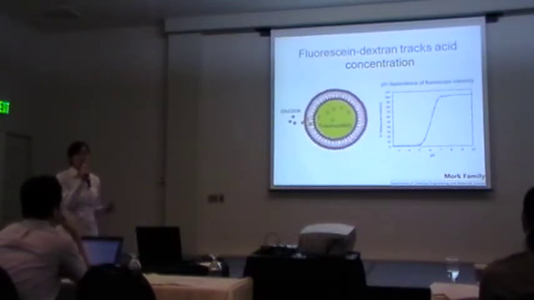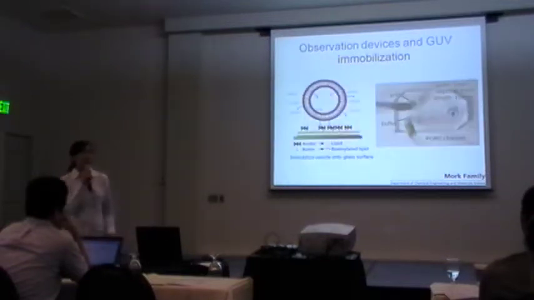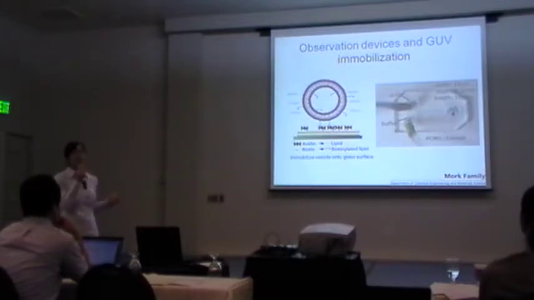And to track the transport of carboxylic acid, a pH-sensitive dye, fluorescein dextran, was encapsulated inside the GUV. And to observe a single GUV, this GUV was immobilized on the glass surface by the adenine melting interaction.